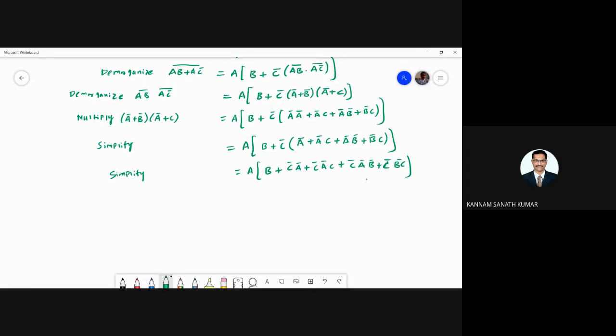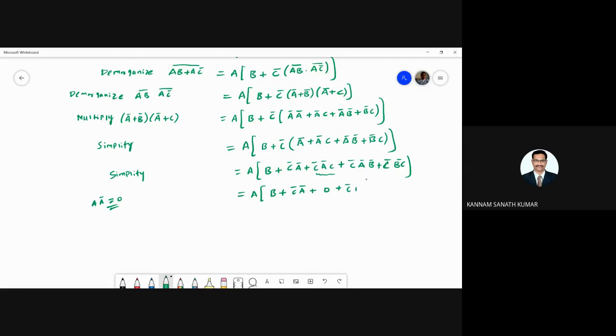Now what will you get? A into B plus C̄ A bar. If you see this one, C̄ into C, you know A into A bar equals 0, so this term becomes 0.